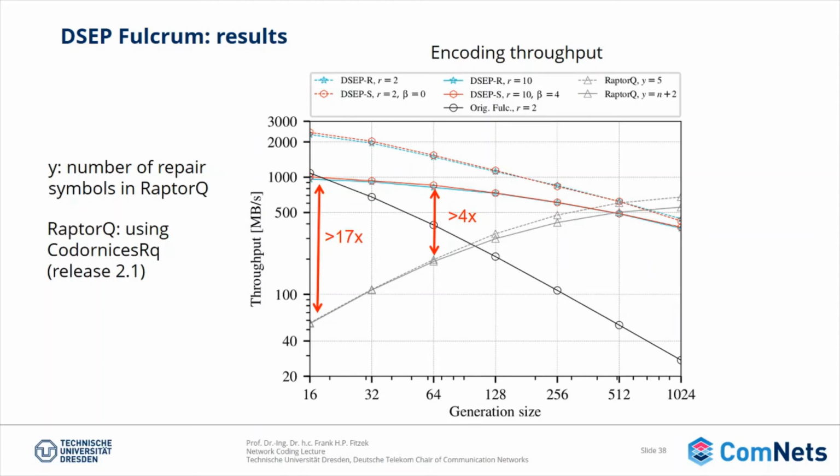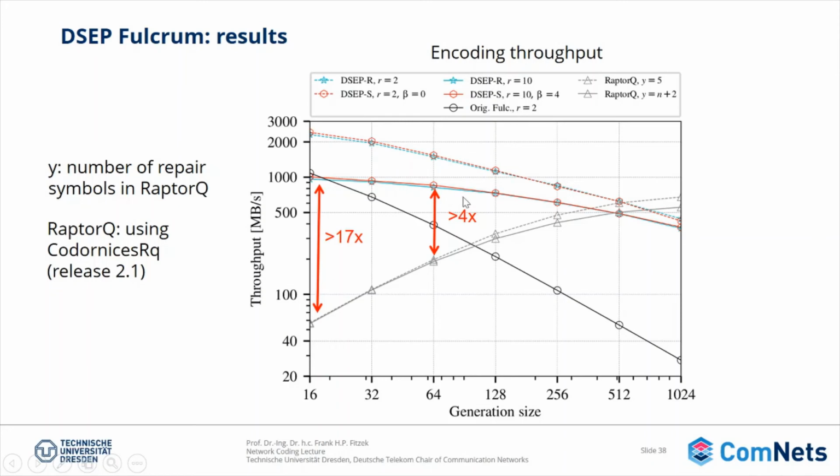Here is the encoding throughput of DSEP compared to RaptorQ. We can see DSEP achieved substantially higher encoding throughput than RaptorQ for small generation sizes. For example, for a generation size of 16, DSEP is 17 times higher than RaptorQ, even when DSEP employs 10 expansion packets.